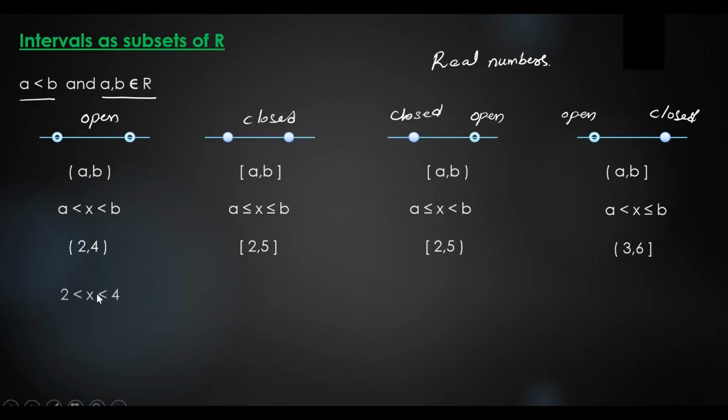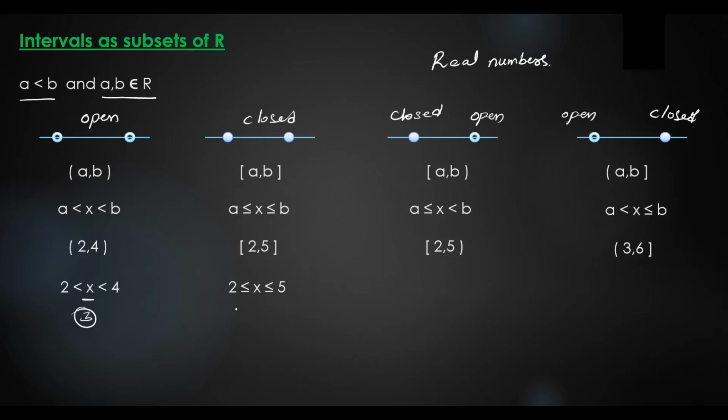So here we are having a few examples. 2 less than X less than 4. That means the value of X would be in between 2 and 4, not 2 and not 4. That means we can simply say 3. And in the next closed interval, X is greater than or equal to 2 and less than or equal to 5.